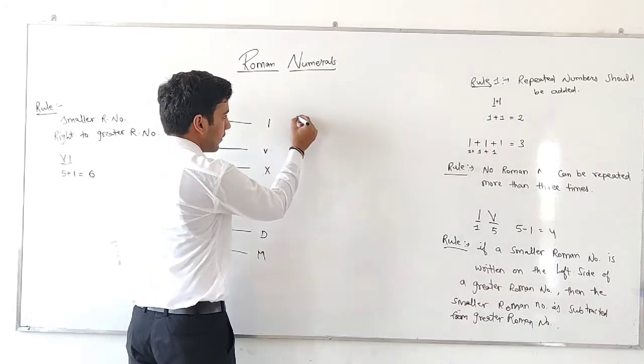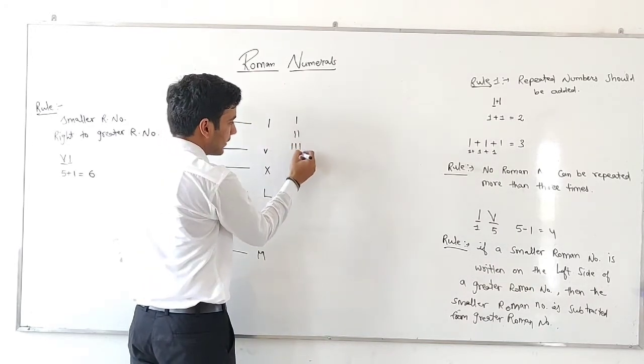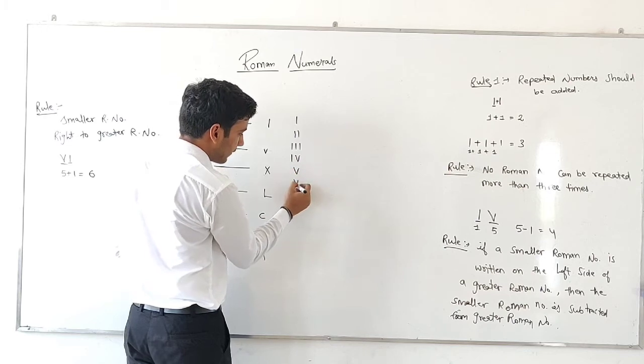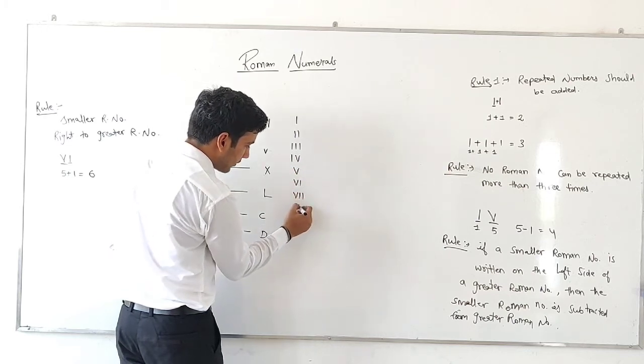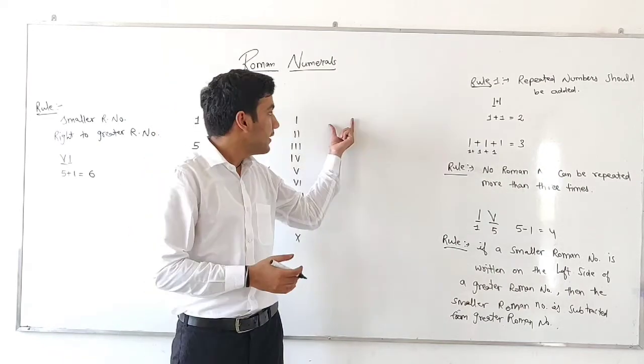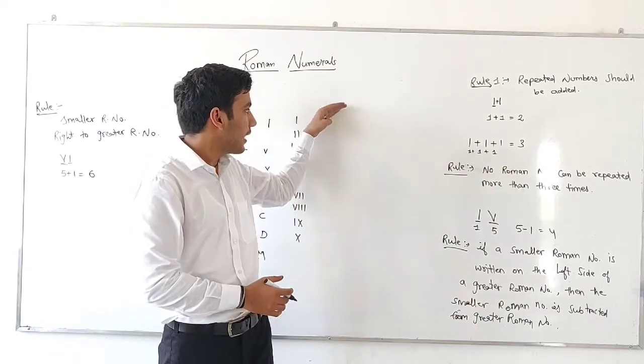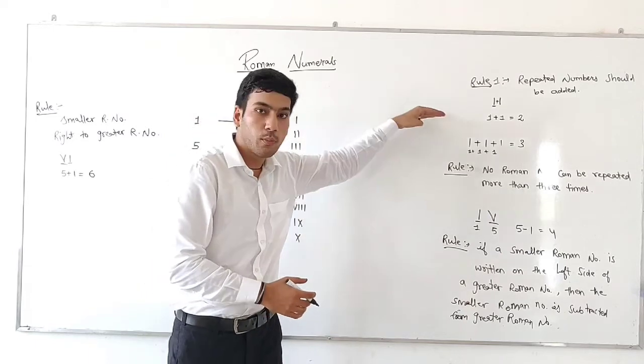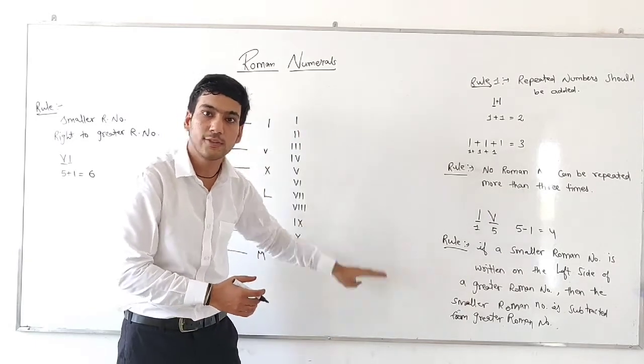That is 1, 2, 3, 4, 5, 6, 7, 8, 9 and 10. Now we learn how to write Roman numbers after 10. That is, what is the Roman symbol for 11, 12, 13 and so on.